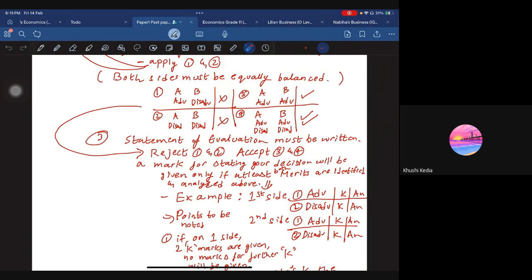So if he has not talked in the question about needing long-term finance, if he has not talked about anything which gives you a hint of the timeline, you could add in your evaluation that it also depends on how long you need a loan. It also depends on what purpose you need the loan for.